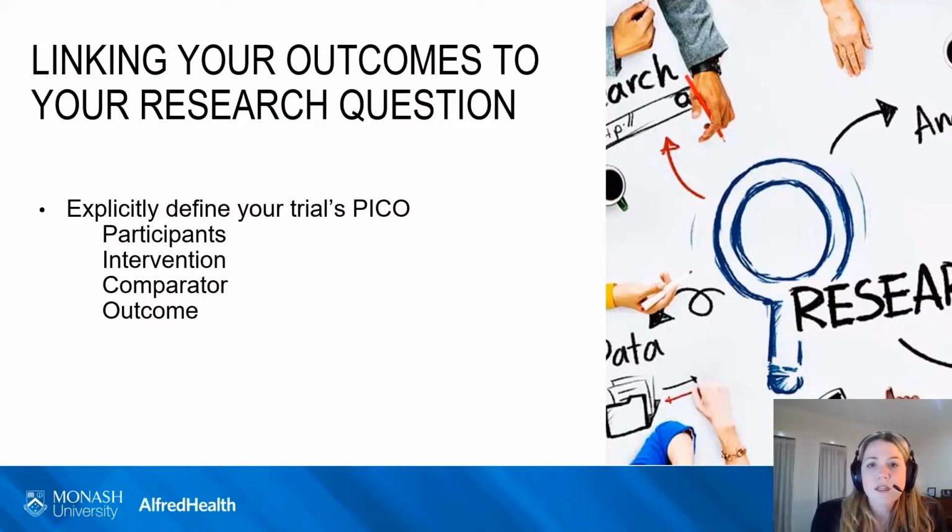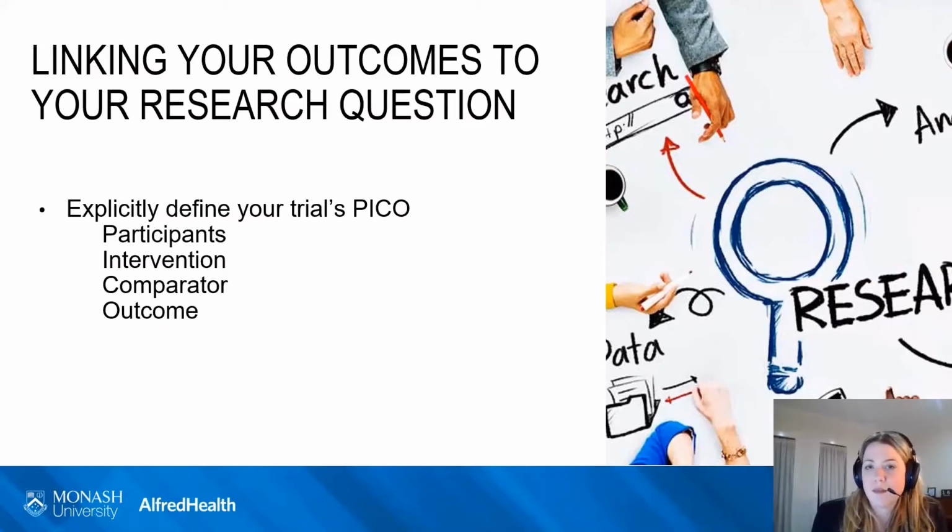So when you're first beginning to plan your study and writing out your PICO, I've no doubt that you're going to write down an outcome that you believe to be most relevant in broad terms, might be participation, for example. But before you can use that outcome in your trial, you're going to have to operationalise it, and that will help you select an appropriate outcome measurement tool.